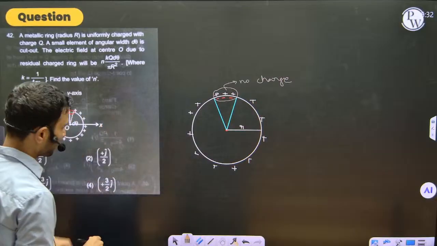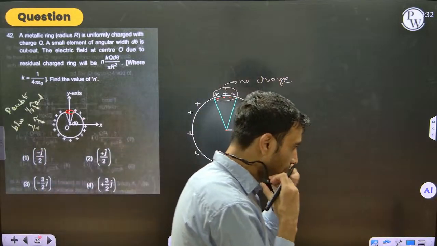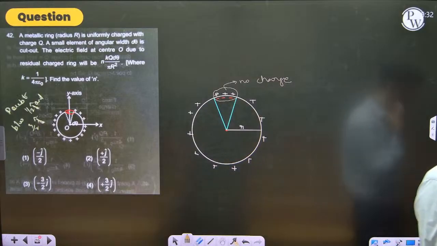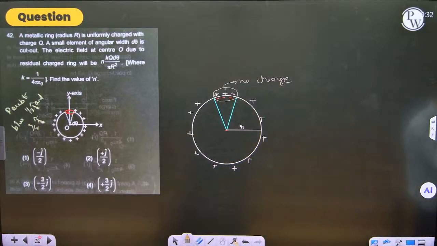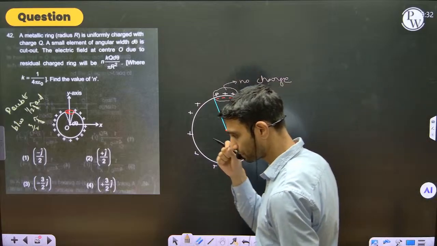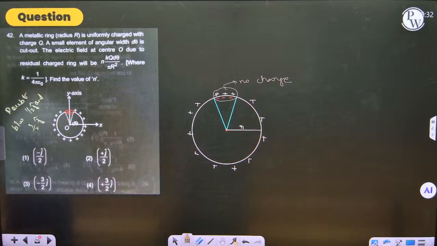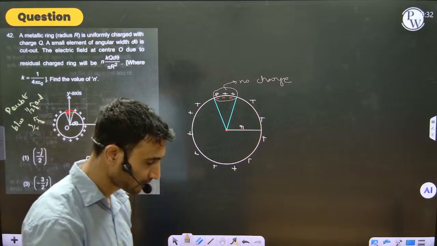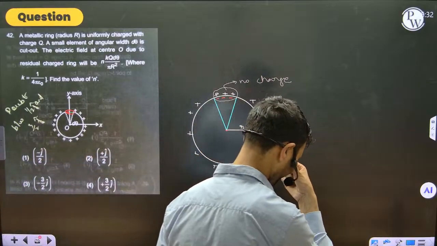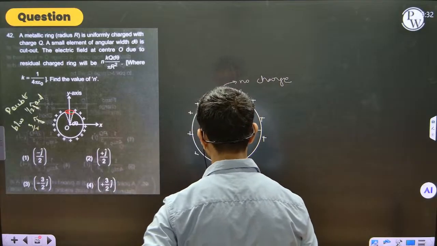And that is what the question is saying, that the net charge is 0. It has got no charge.